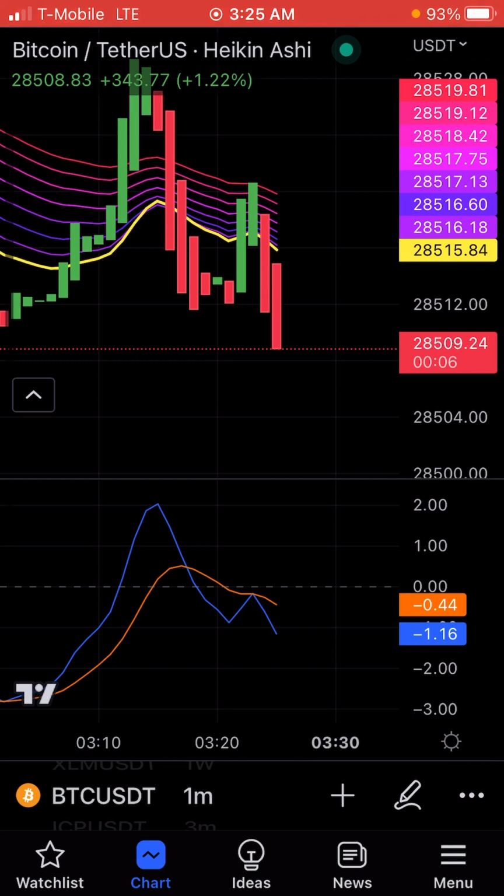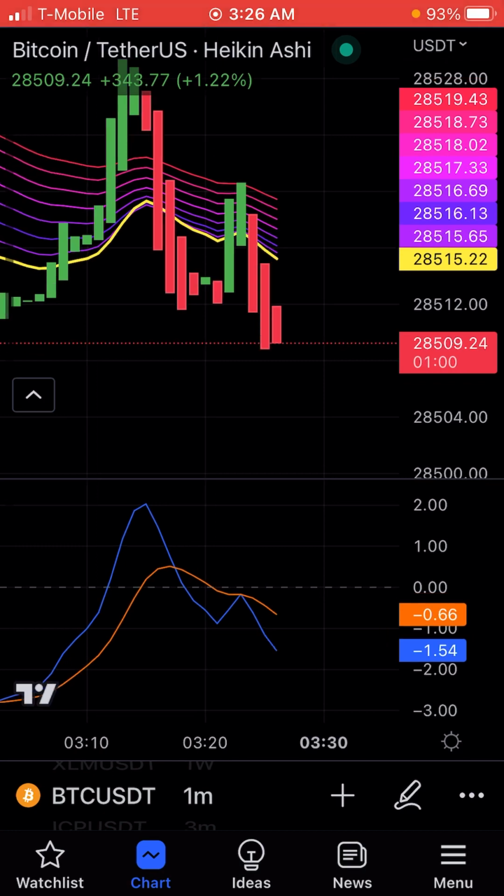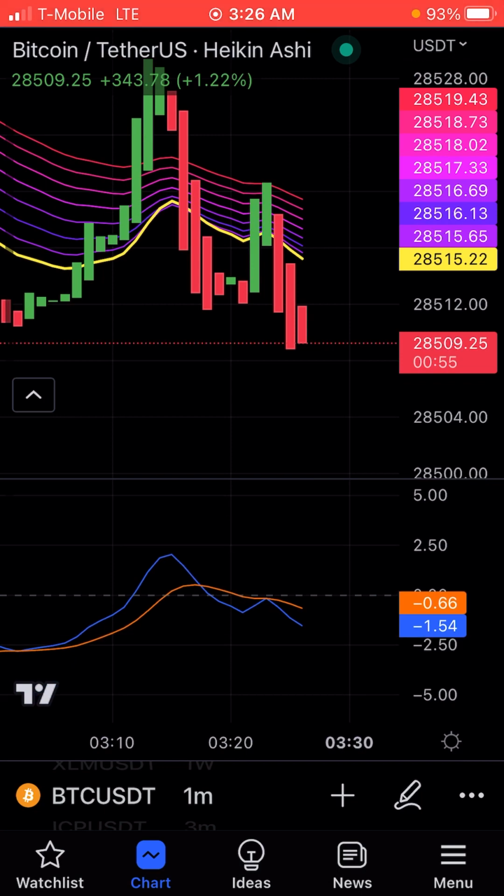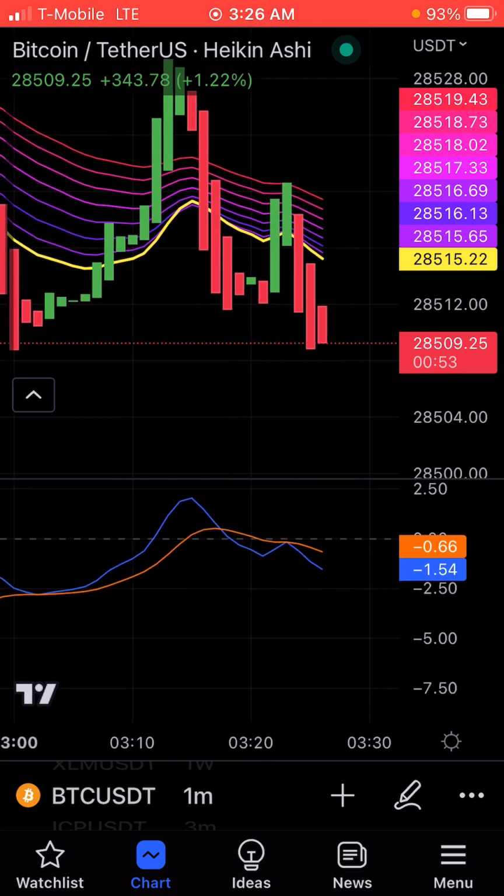Now to show you what I did, I think I got in a little late, and I got in when I was looking at RSI and not the MACD. The other thing I do is I have my MACD here, and I just remove the histogram part of it.